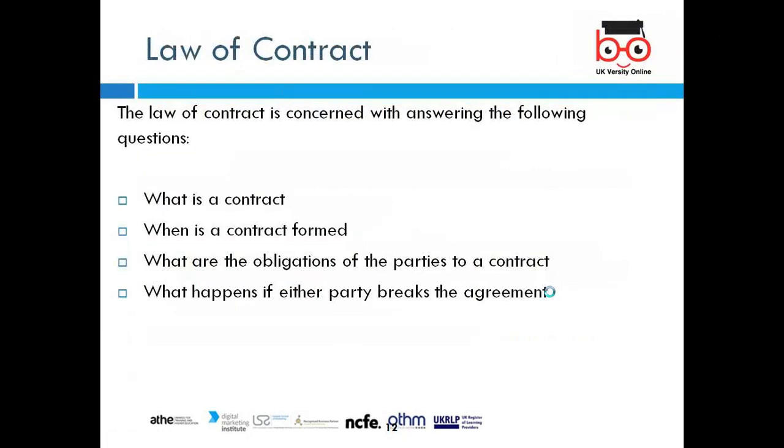The law of contract is concerned with answering the following questions. What is a contract? How is a contract formed? What is the purpose of the contract? What are the obligations of the parties to a contract? What happens if either party breaks the agreement? What will happen if the party does not deliver the car, does not deliver the goods on time, or does not perform the task they're supposed to, like a construction?